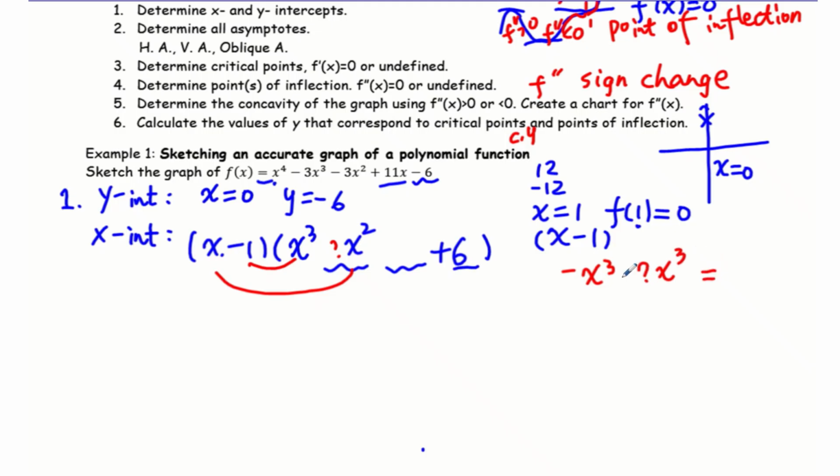These together should give us the -3x cubed term, because all the other terms times won't give us x cubed, only these two. So minus x cubed plus what gives us -3? It will be -2. It means here is -2. So we have the second term.